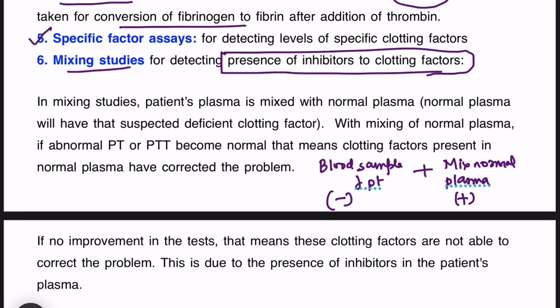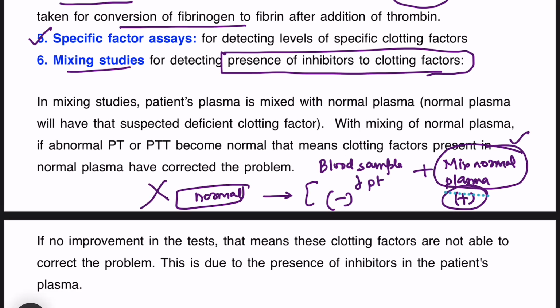Now when we mix the normal plasma and determine the PT or APTT, it will improve, it will become normal. Why will it become normal? Because we have mixed it with normal plasma, which has that particular factor, right? But there may be a case where this is not improved, that even after mixing the normal plasma, we still get an abnormal PT or APTT.